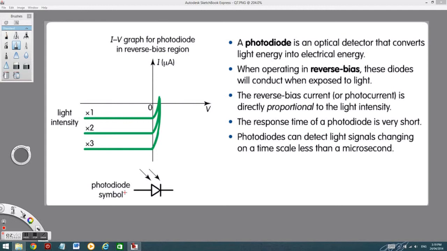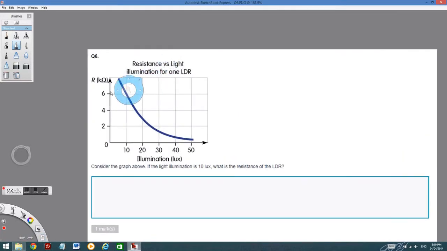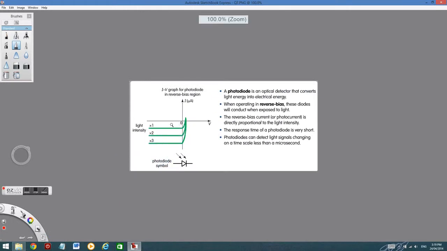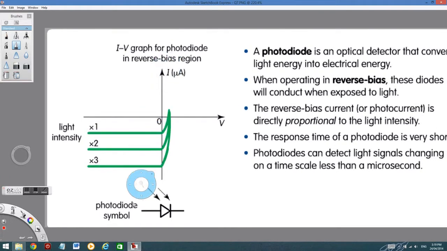When light shines on an LDR, the resistance of the device changes. That's the property of an LDR. With photodiodes, when the light shines on the photodiode, the current passing through it changes.